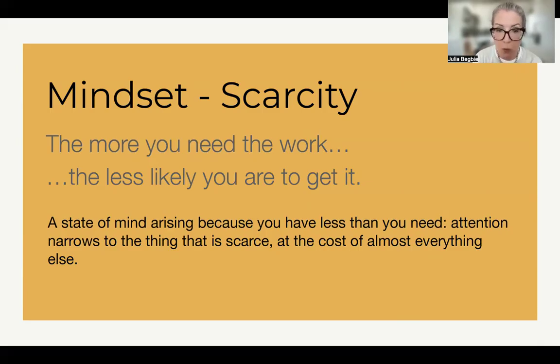I want to talk to you about one particular mindset, which is a scarcity mindset. So the more that we need the work, the less likely we are to get it. Our own self-sabotage steps in and gets in the way. So scarcity mindset is a state of mind that arises because you have less of something than you need. So you are feeling a lack of something, you're in a scarce frame of mind.